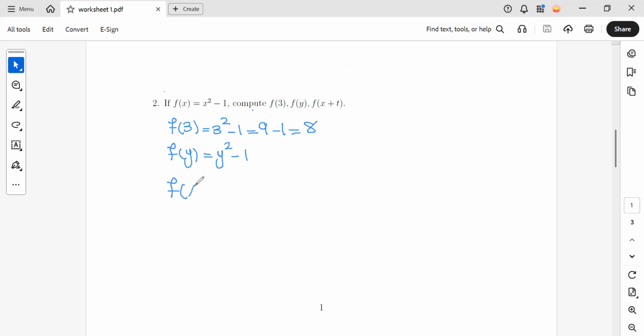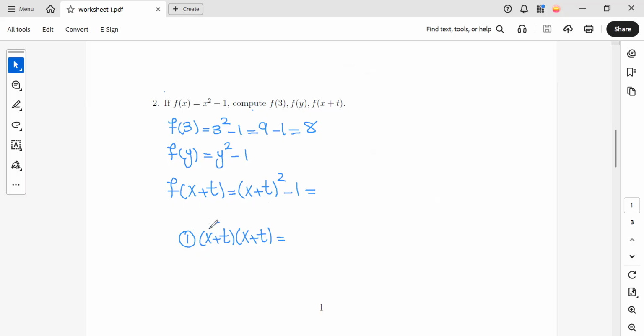And the next one, f of x plus t, same idea. You would put x plus t instead of every x that you see. So it is (x plus t) squared minus 1. Now, you should find the expansion of (x plus t) squared. You have two options. Option 1 is foiling: (x plus t) times (x plus t), because square means times itself.